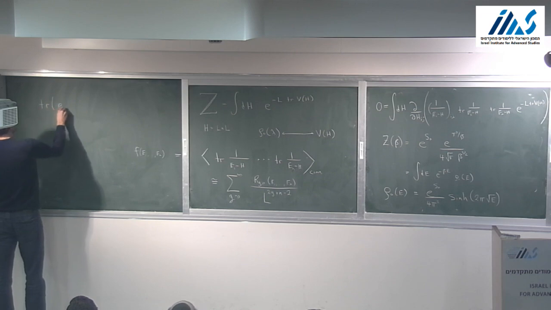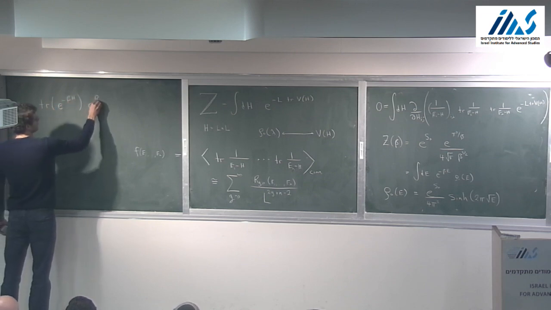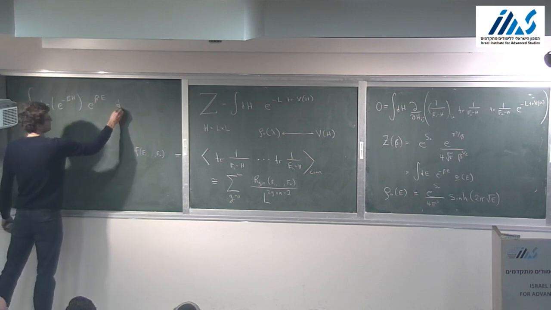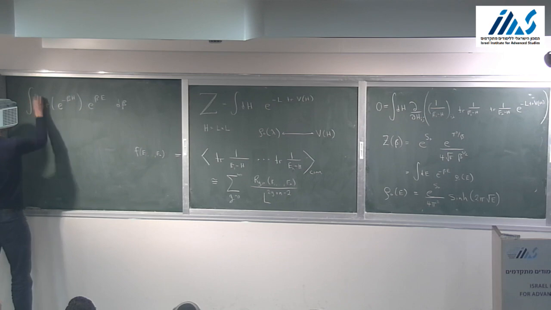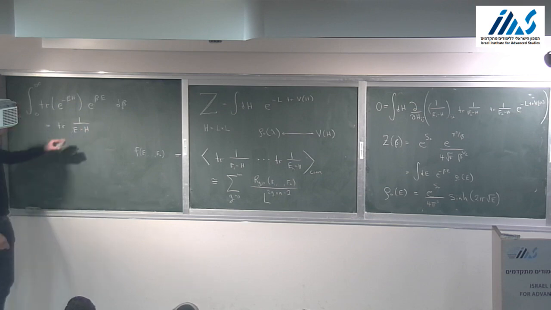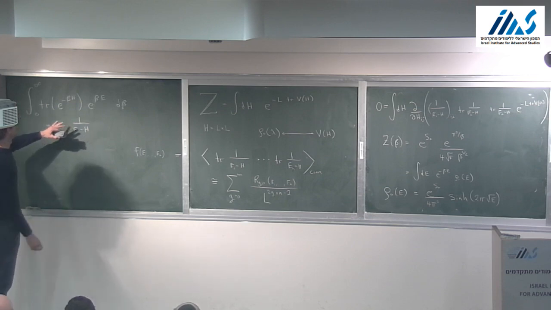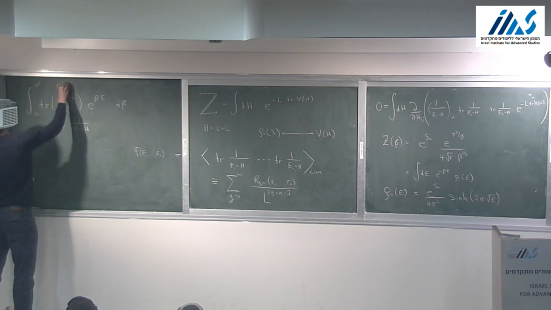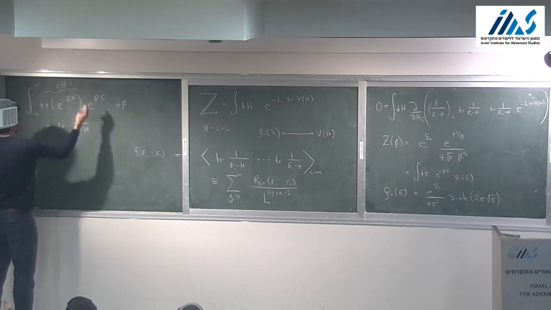If we take trace of e to the minus beta h, multiply it by e to the beta e, integrate it over beta, then we get trace of 1 over e minus h. Trace of e to the minus beta h is what we've been calling Z of beta.